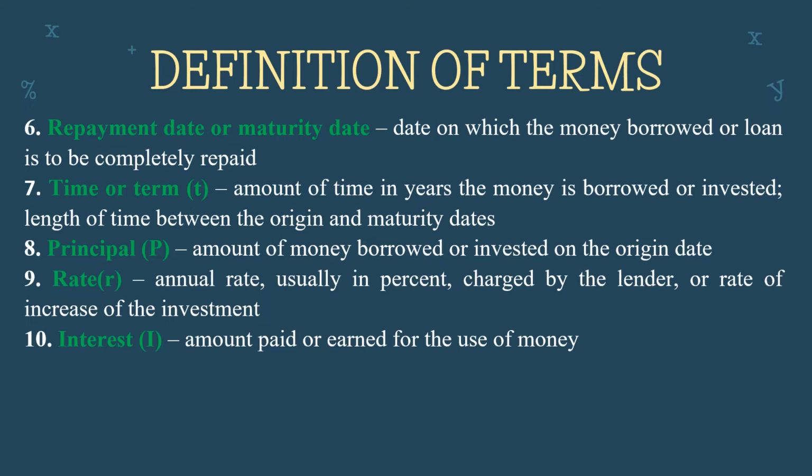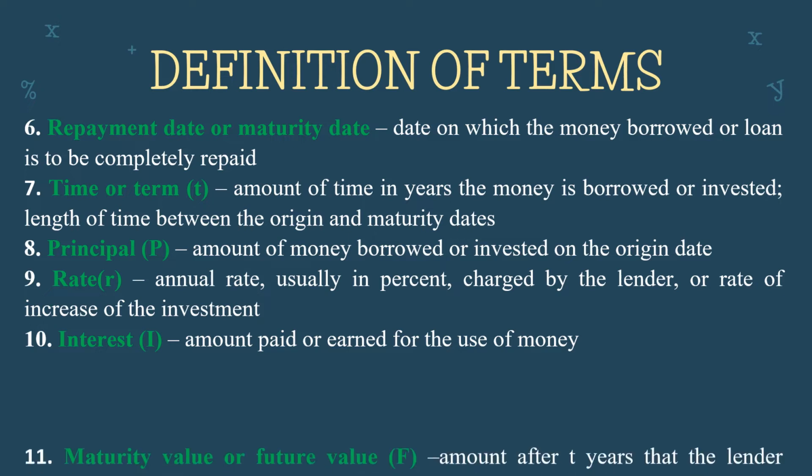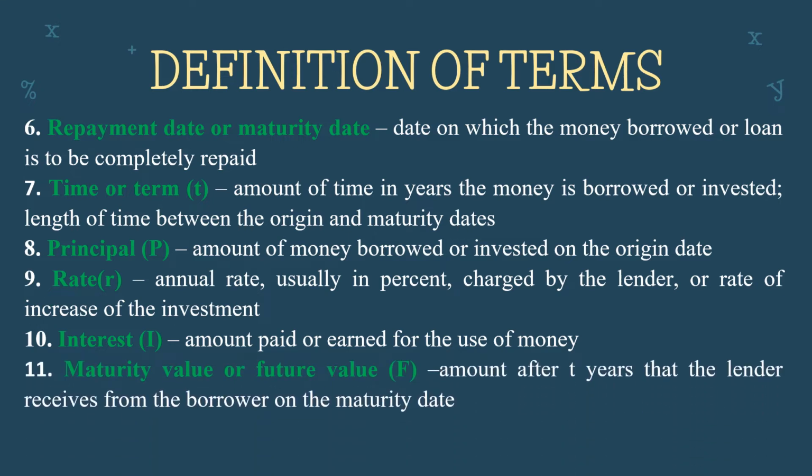Interest, denoted by capital letter I, that is the amount paid or earned for the use of money. Then 11, maturity value or the future value, denoted by capital letter F, the amount after T years that the lender received from the borrower on the maturity date. So when we say future value or maturity value, for example, you borrow 50,000 for 5 years at 5%.